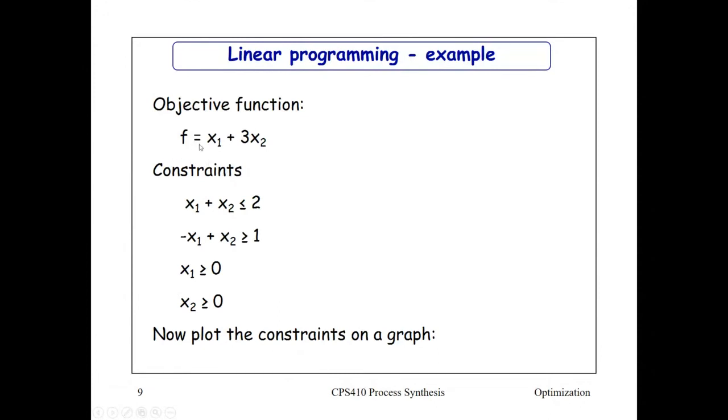The profit, whatever flow rate of A is, that's x1, whatever flow rate of B is, it makes 3 times more profit. That's all it is. It's the ratio 3 to 1, the multiplier of x1, and that's it.